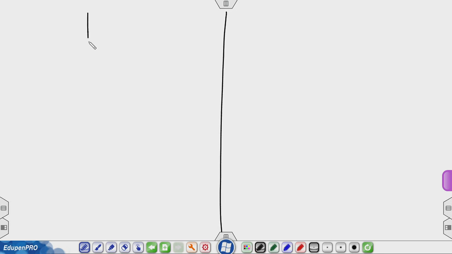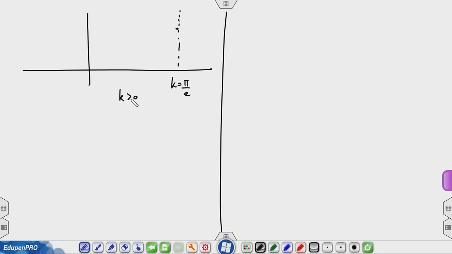So, if I were to calculate the energy up to this point, k equals pi by a. Let me focus on, since I am doing it in 1D, k greater than 0.